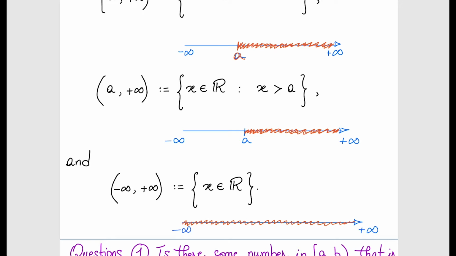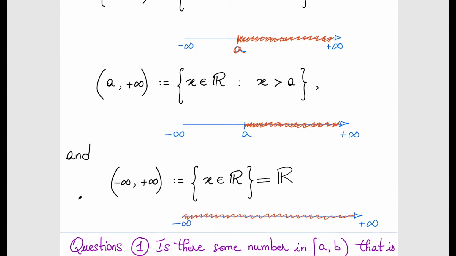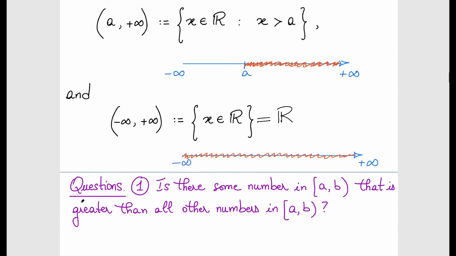This is nothing more than the whole real line, the set of all real numbers. This is the collection, see the curly brackets, of all real numbers. Well, what's the collection of all real numbers? It's the set of all real numbers, right?